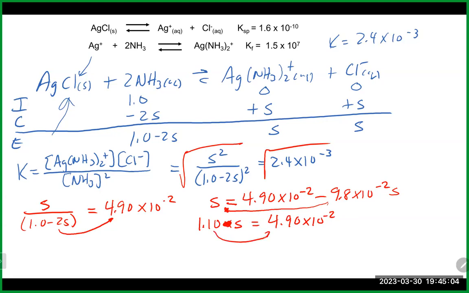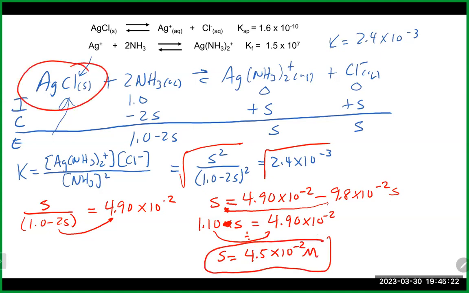We're going to divide this over, and we will get a molar solubility of 4.5 times 10 to the minus 2 molar, which is the molar solubility of silver chloride in ammonia. Any questions on that math there?